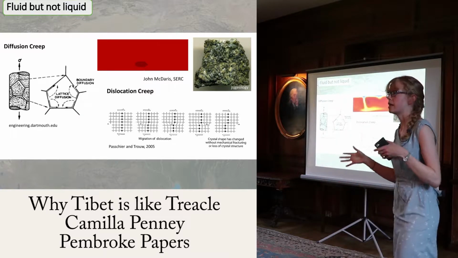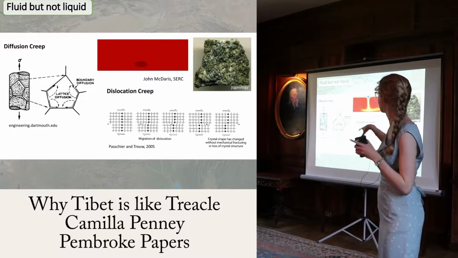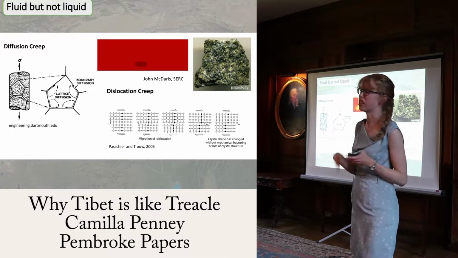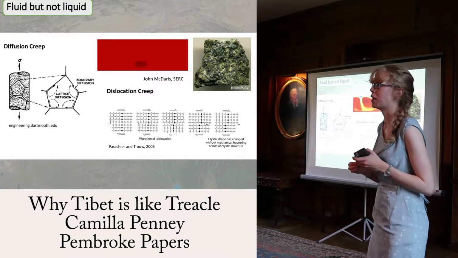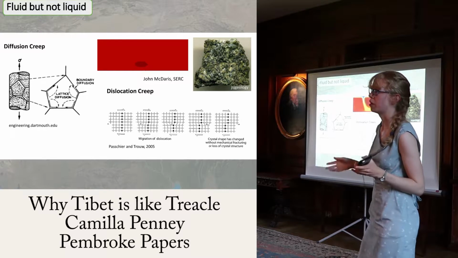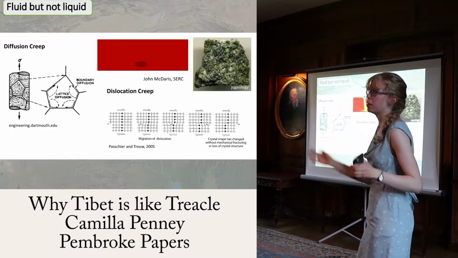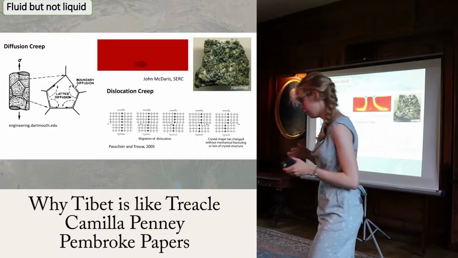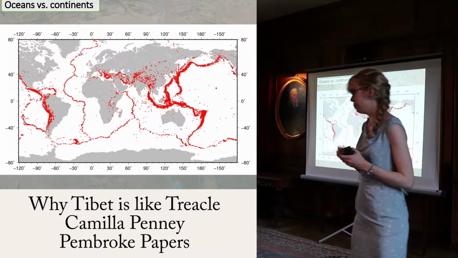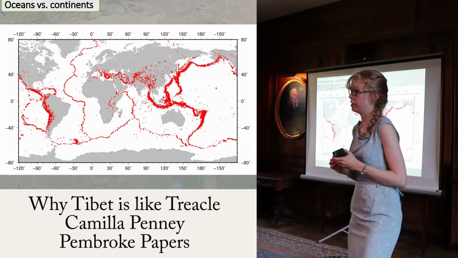What that means is that it can move by processes called creep. And so we can still get this kind of convection. This is just an example of a simulation. We can still get this convection, which is rapid on geological timescales, but without the rock actually being liquid.